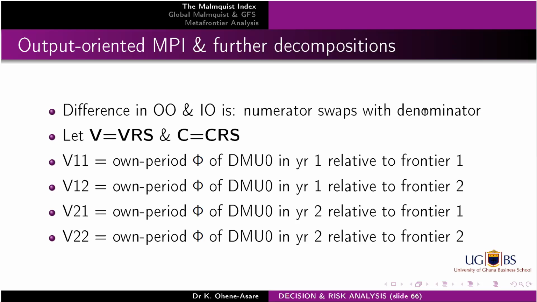Keep that in mind. Second, the letter V that you're going to see in the R software stands for VRS, and the letter C stands for constant returns to scale. Are you following? So when you see V11, what does that mean? This is how I'll interpret it: it talks about own period output-oriented efficiency of DMU in year 1 relative to frontier 1.